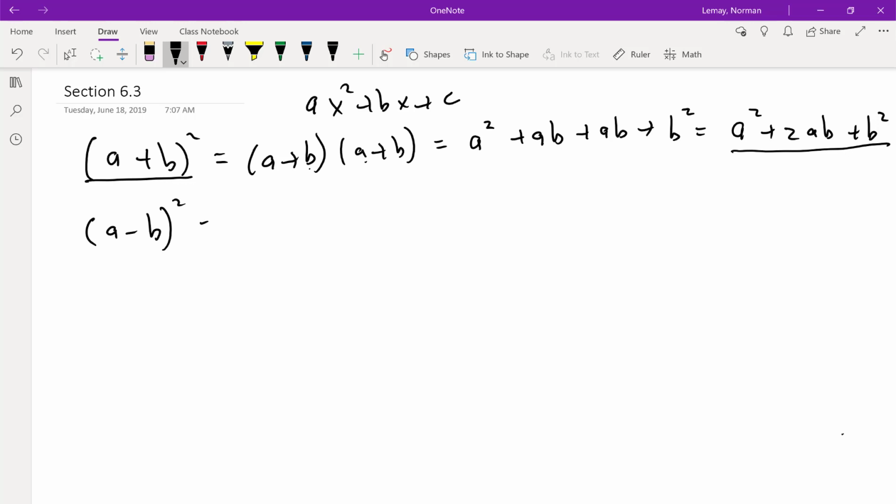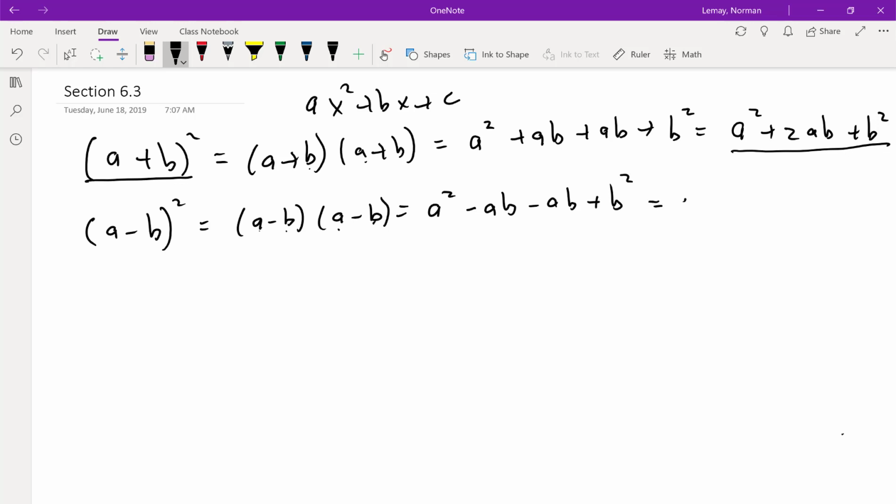And notice that this one is a minus b times a minus b. Using the FOIL method, we have the first terms, which is a squared. The outside terms give a times negative b, so we get minus ab. The inside terms give negative b times a, which is also minus ab. And the last terms give negative b times negative b, which is plus b squared.